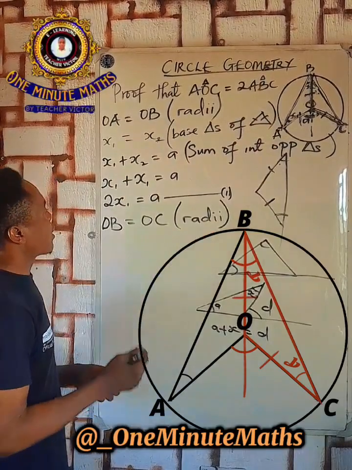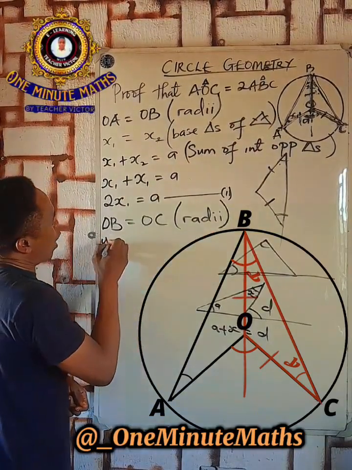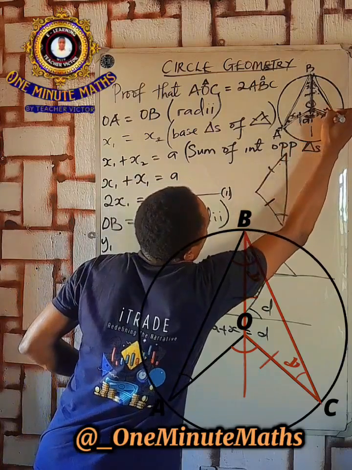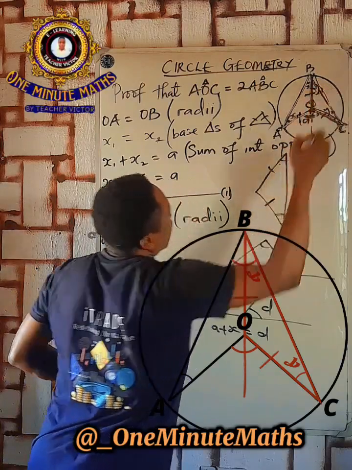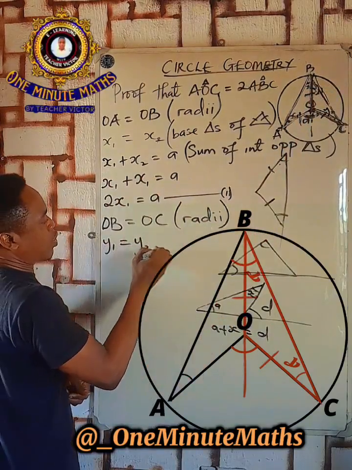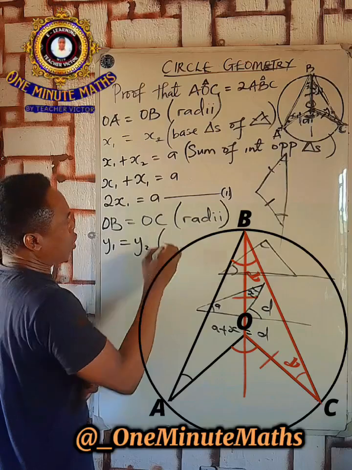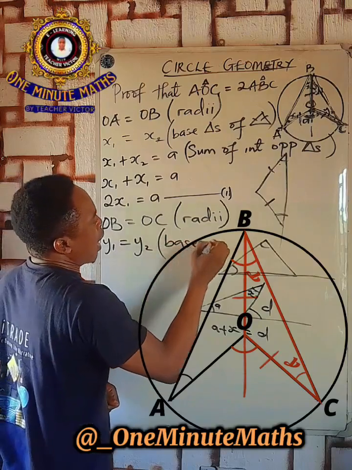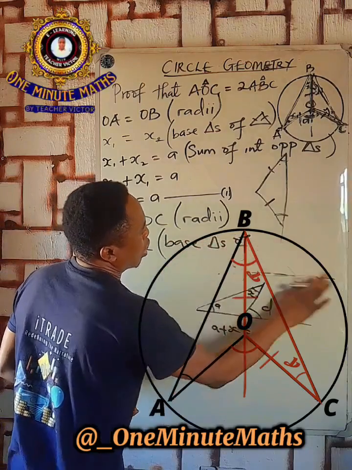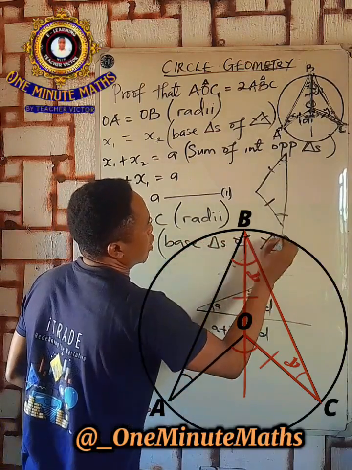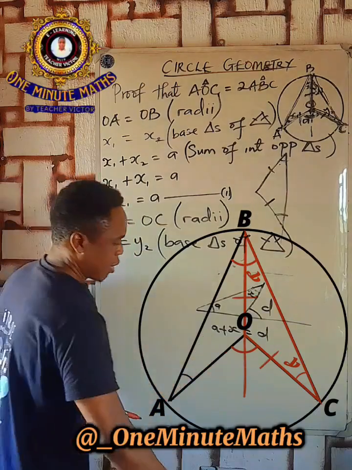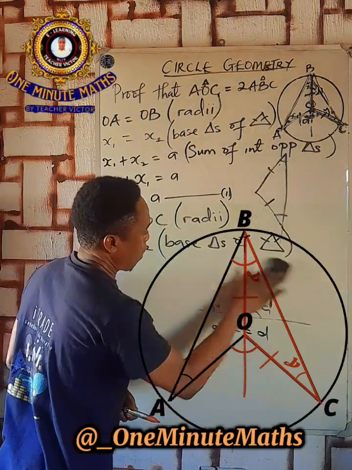So if we call this place y2 and here is y1, then y1 will be equal to y2. That's because they are base angles of an isosceles triangle. Are we together? All right, let's keep on.